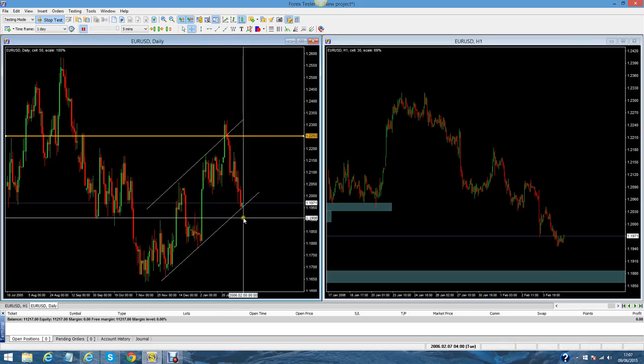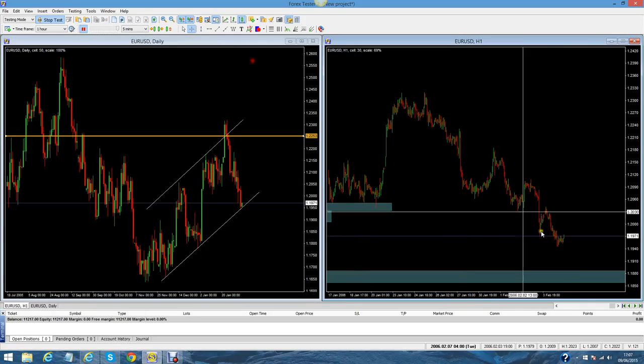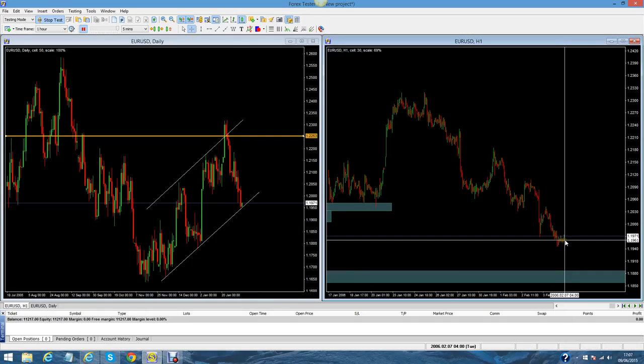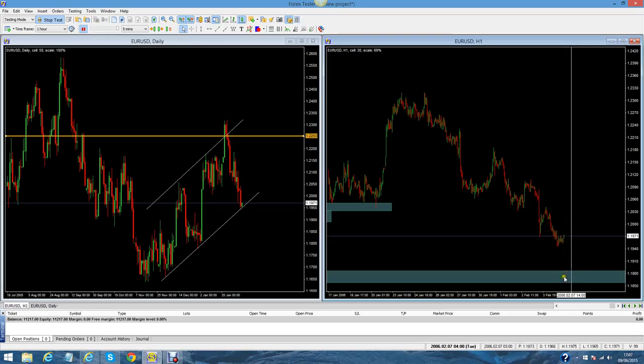Round about this area, and to me that is, unless that move happens very, very quickly, and I mean early, before really the New York session, I won't be interested in trading that. So I'm going to put that in here, 1300, that New York session. If price reaches, in fact let's just come to 1400 here, the New York session in this area, before this line, I'll be interested in buying.